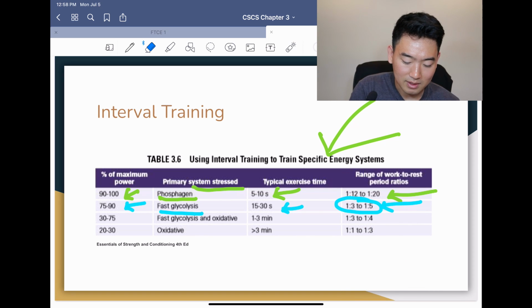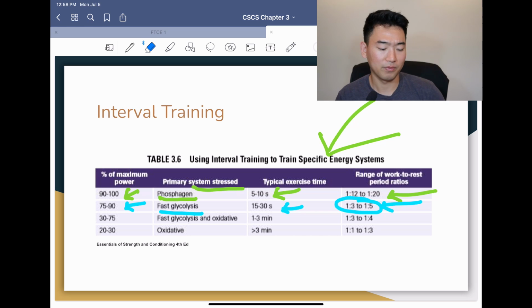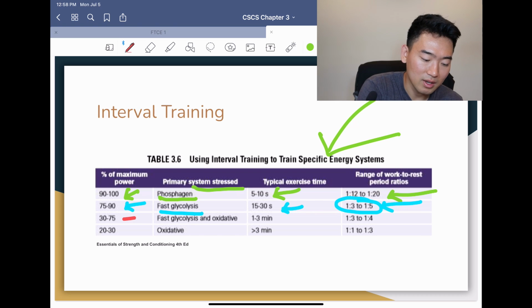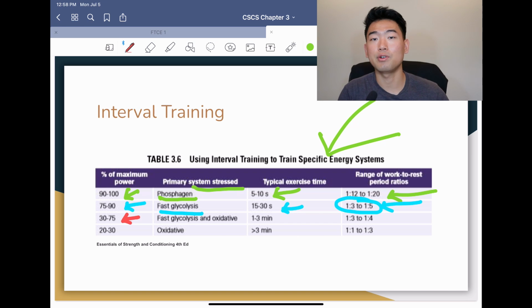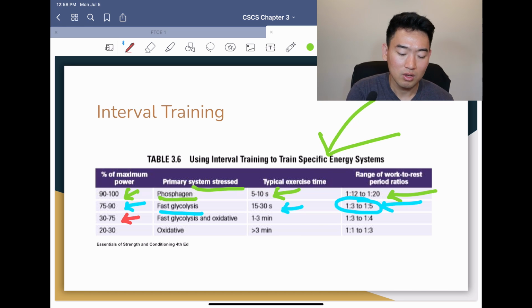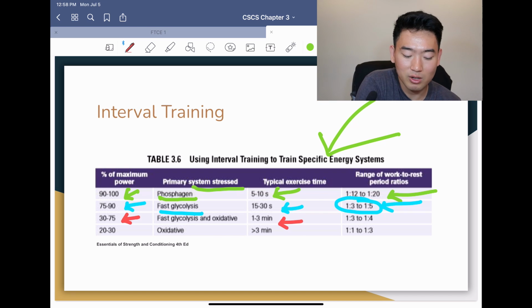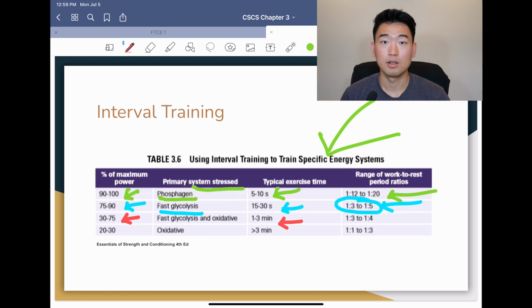Moving on to the next system, it's the fast glycolysis and oxidative. So now we're closer to the oxidative side, and now we're not using as much power as we can. We're only using 30 to 75% of our maximum power, and so our exercise can last longer, 1 to 3 minutes. That's a pretty long time. And so let's go back to soccer.